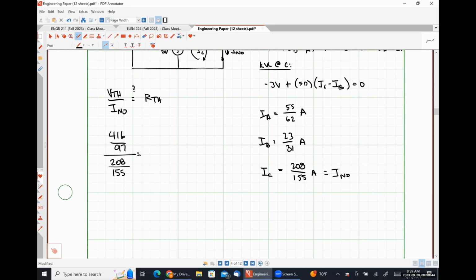So 416 over 97 times 155 over 208. We get 310 over 97 volts per amp, which is an ohm, which I believe is exactly the answer we got when we determined the Thevenin equivalent resistance directly.